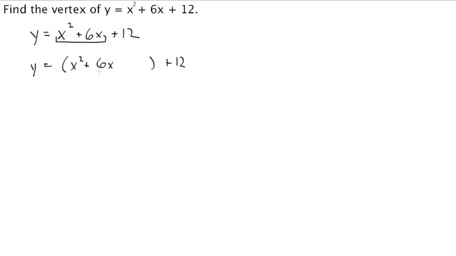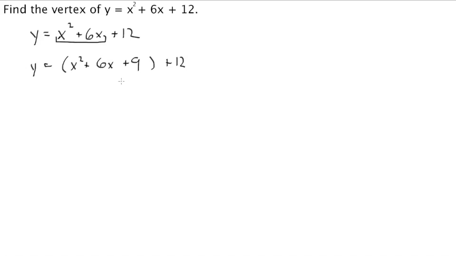That thing that we add is going to be half of this number squared. So in this case, we need to add 9. Now remember, when we were completing the square for a circle, whatever we added to one side of the equation, we added to the other side. We can still do that in this case. If you feel better, you can just add 9 to the other side of the equation right here.